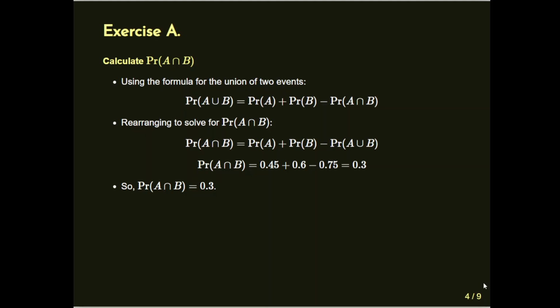We have the probability of A intersection B equals the probability of A plus the probability of B minus the probability of A union B. That is 0.45 plus 0.6 minus 0.75, and that gives us an answer of 0.3. So the probability of A intersection B equals 0.3.